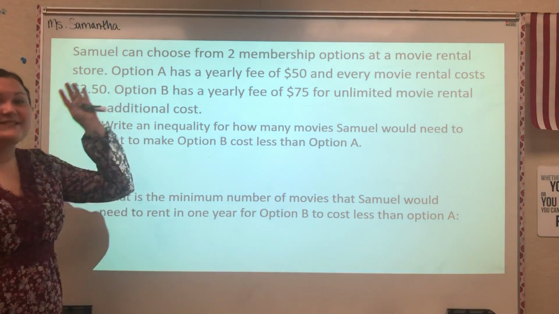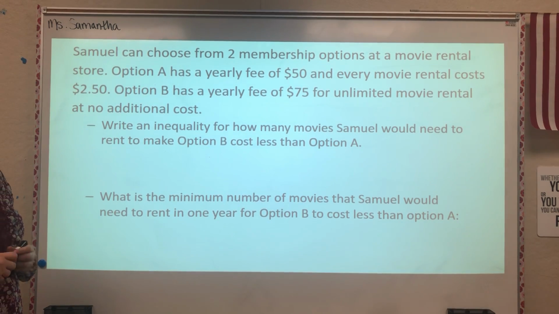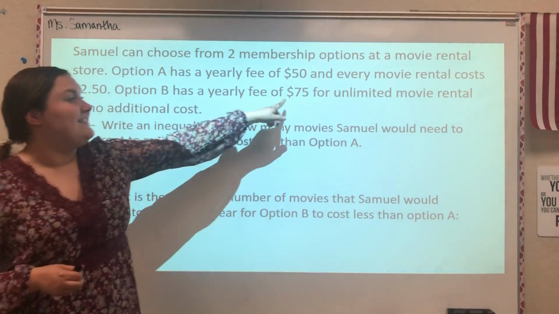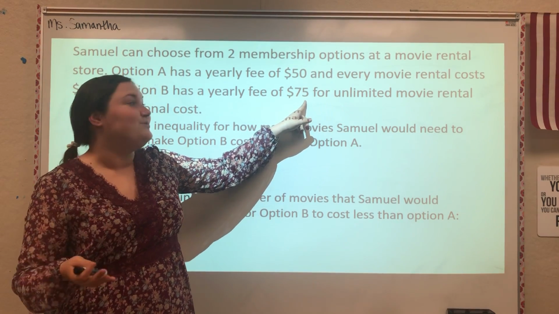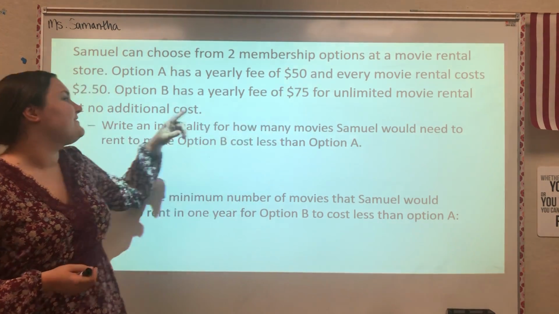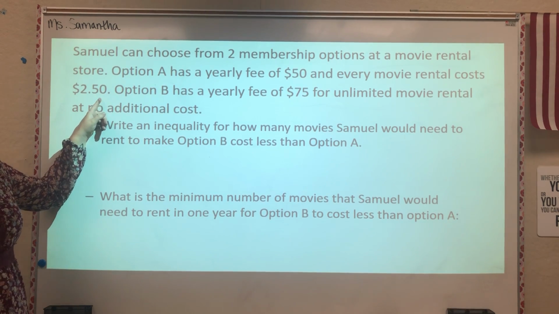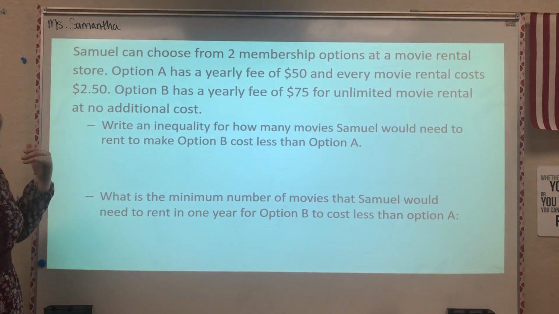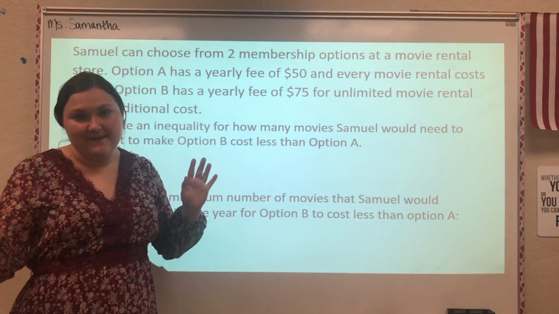If I rent 1,000 movies, which option is better? Well, if I'm renting a ton of movies, this is going to be the better option, because paying $50 and then paying this every time, 1,000 times, is going to be way more expensive than just paying this once and never paying again.